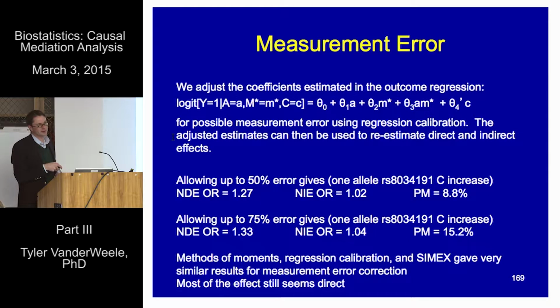The natural indirect effect goes up a little bit to 1.02. Proportion mediated increases to about 9%, but it still looks like the vast majority of the effect is direct.